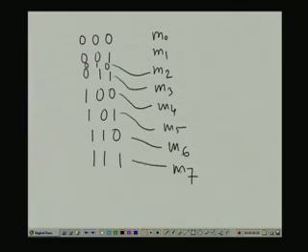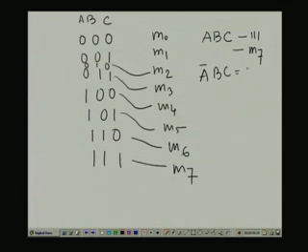Now, if the variables are A, B, C, then ABC means 1 1 1, which is actually M7. Now, A bar BC means 0 1 1.